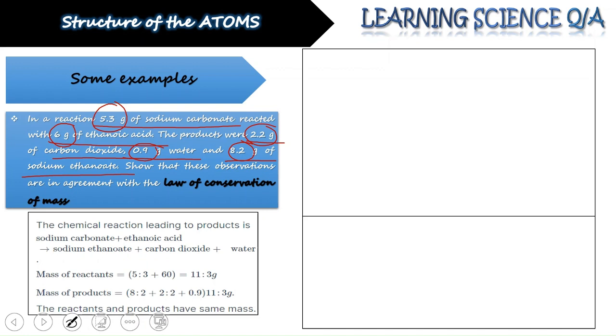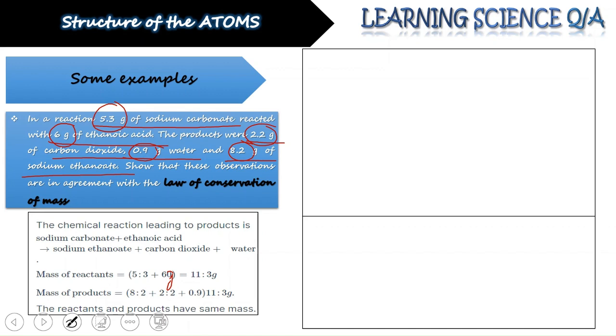We have the chemical reaction between sodium carbonate and ethanoic acid to produce sodium ethanoate, carbon dioxide and water. So the mass of reactants is 5.3 gram plus 6 gram. The mass of product is 2.2 gram, 8.2 gram and 0.9 gram.